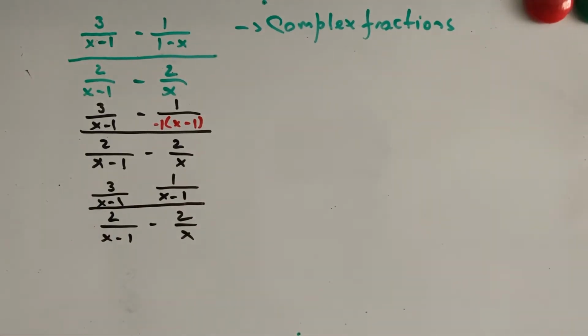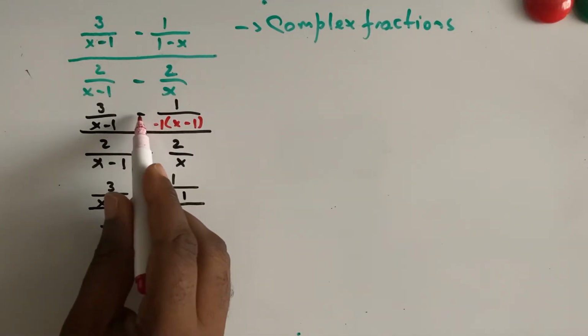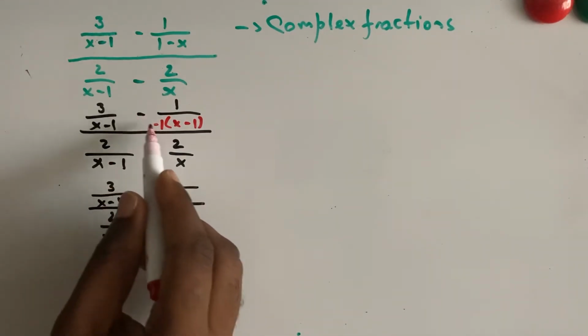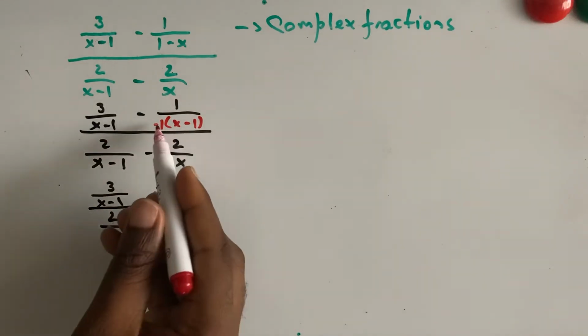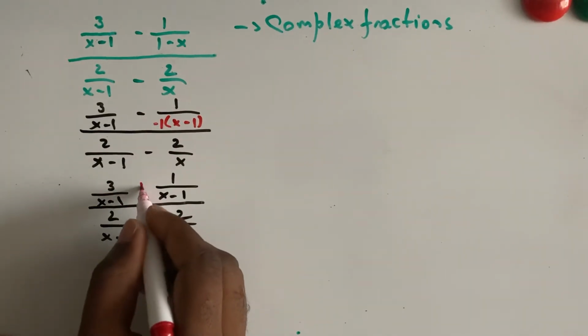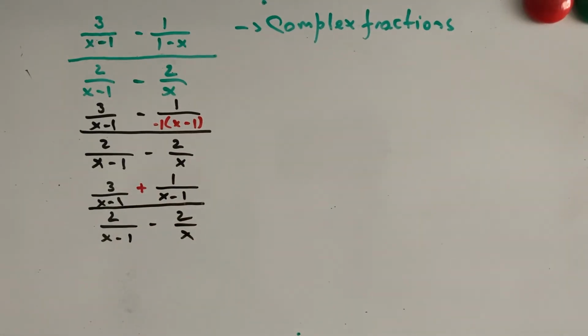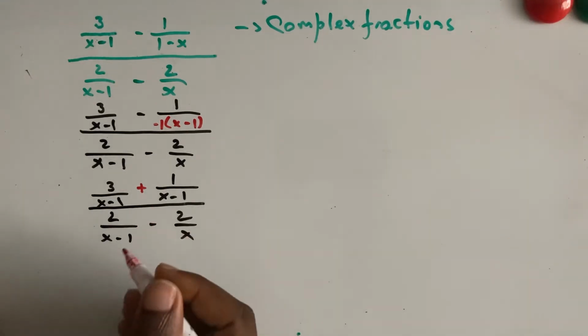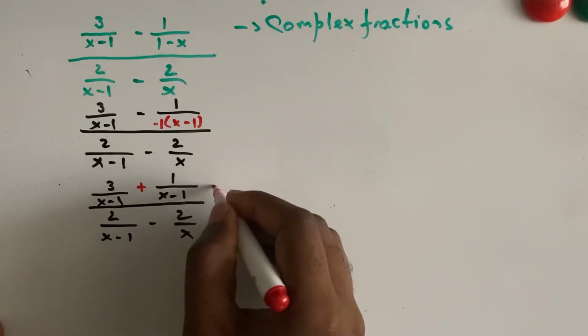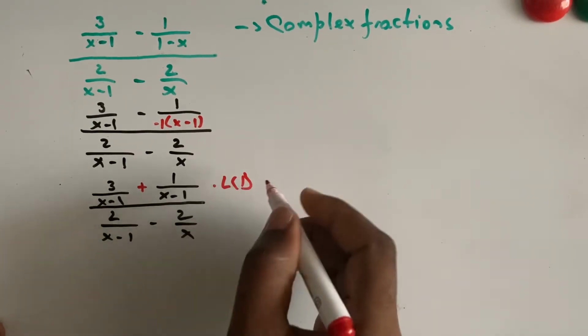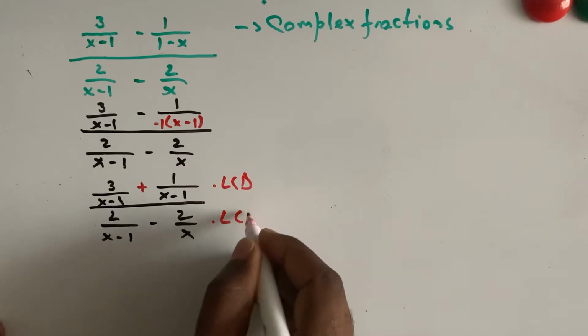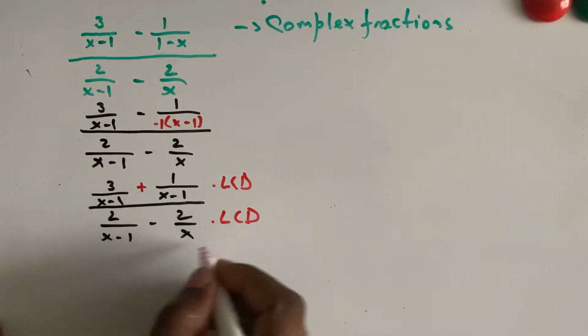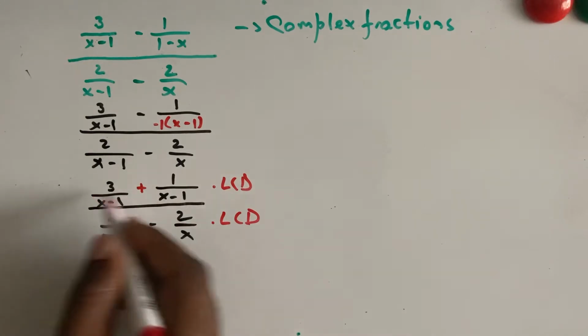Now the negative sign you have here, remember you had another negative sign here, so these two, when you divide them or multiply them, anyhow you want to say it, they would become a positive sign. So you have now a positive sign here, okay? All right, should make sense to everybody. Now from here, get the LCD and multiply top and bottom by that. I'm saying this by the LCD, this by the LCD, and by that you're gonna have to distribute, okay? Because it's everything you have by the LCD.